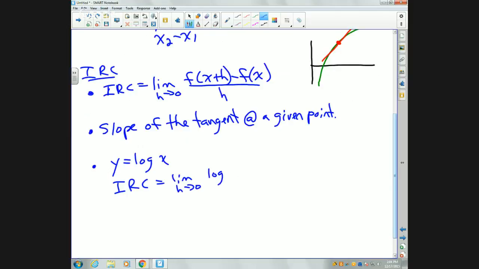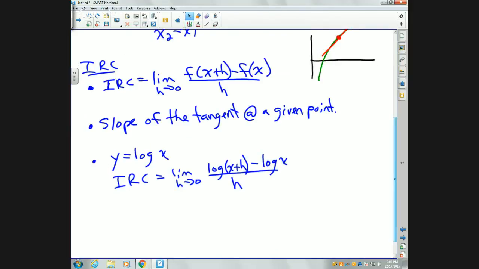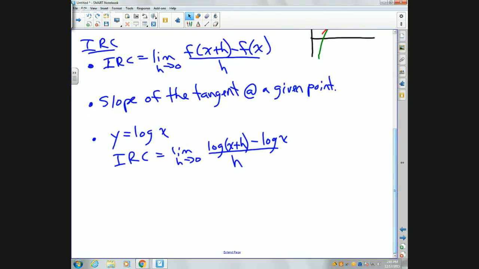So that's going to be the log of x plus h minus the log of x all over h. So if I ask you to continue that, where are you going to go from here? What's that? Yeah. What values?